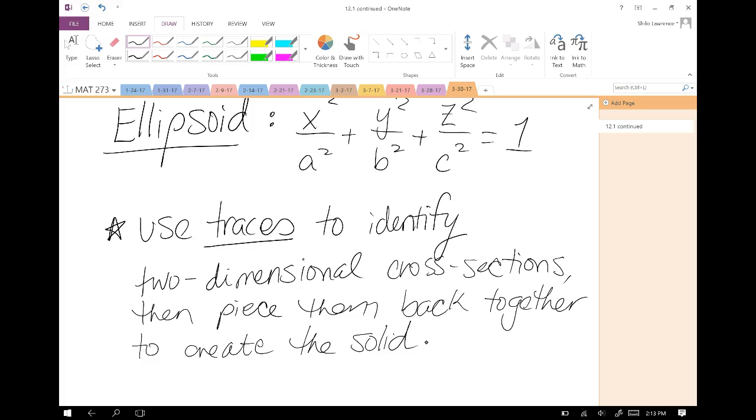There are some cases where you can't do that, and we will come across that today, and I'll show you why and what we would do in those cases. But the easiest way to do it is just let one of your variables equal 0. If I want to know what the cross section for this surface looks like in the xy plane, then just let z equal 0. In the xy plane, z equals 0.